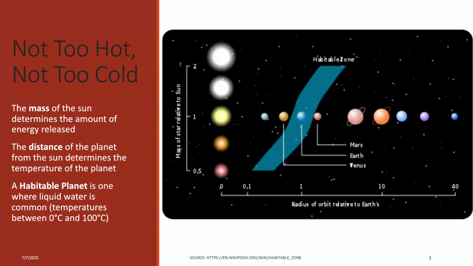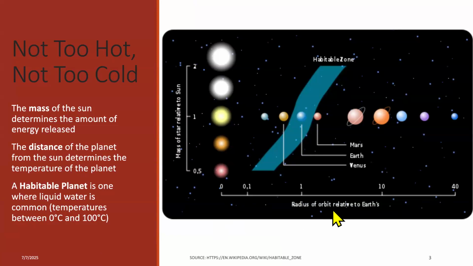So having liquid water that's in this temperature range that allows for life is going to be determined by two factors. This graph shows these two variables. The radius of the orbit relative to the Earth is just another way of saying how far the planet is away from the sun.